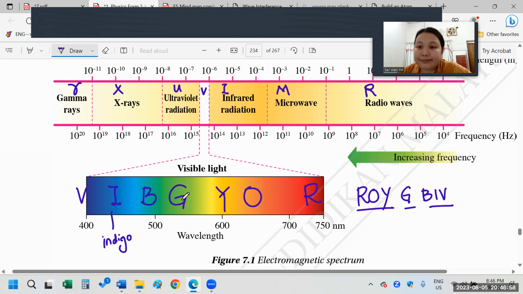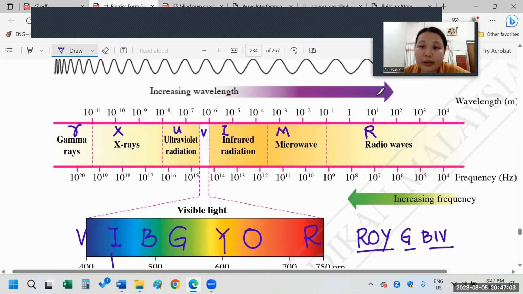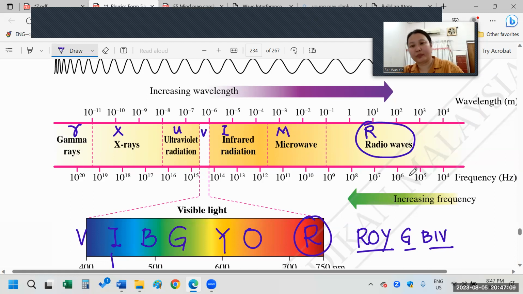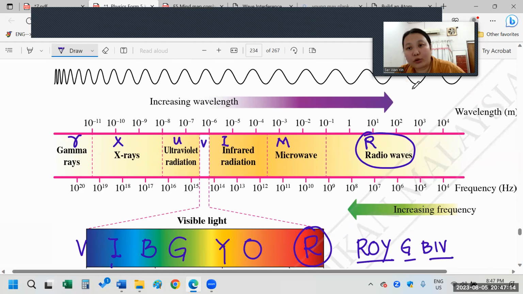And you must remember the wavelength for radio and red is longer than the other side. So the wavelength for red is really long. For violet and gamma, the wavelength is short, which means frequency is higher.